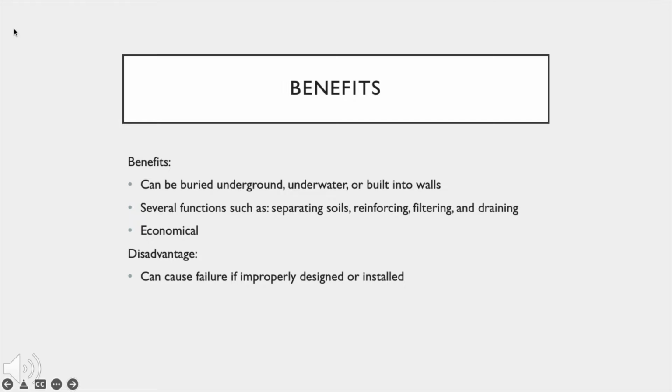Stated by the journal Functional and Cost Benefits of Geosynthetics, the subgrade reinforcement and the design of flexible pavement, they were found to reduce 6.38% in the cost of construction when they used GeoGrid as a subgrade reinforcement member, which will be discussed a little bit later on. So basically, they have really good performance at a cheaper price. The only disadvantage I could find is that they can cause failure if improperly designed or installed.